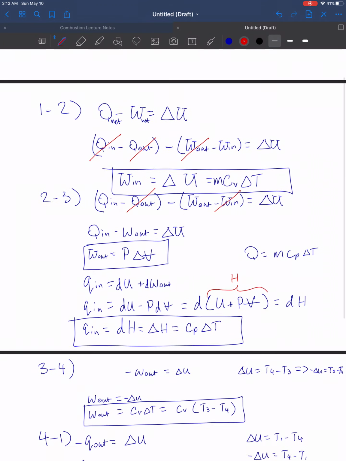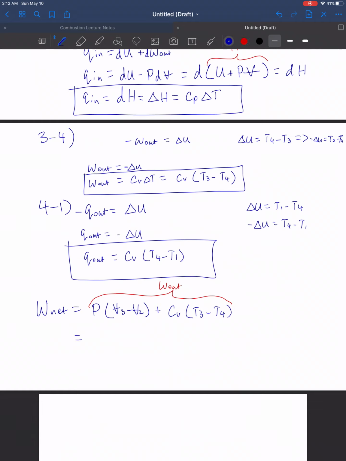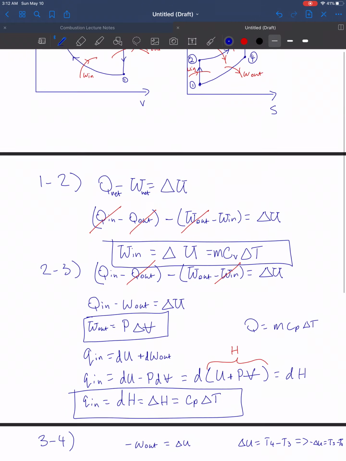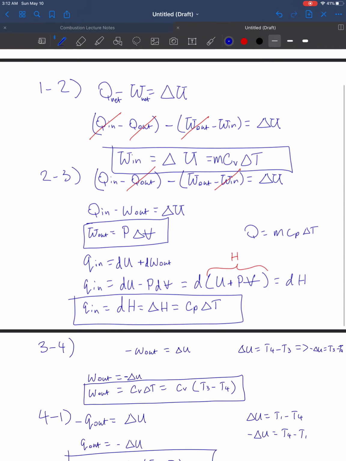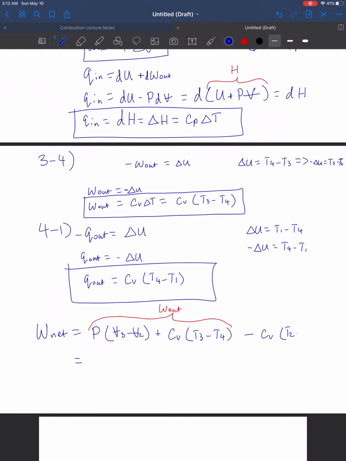Here, right? CV delta T. So I can say minus CV. And what T's were those? 1 to 2. Is my T2 bigger than my T1? Yes. So I'm going to say CV T2 minus T1, right? And this is going to denote my work in.